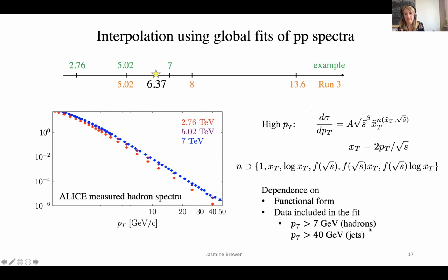So what we'll take as the default here is that you look at only hadrons above 7 GeV and jets above 40 GeV, but we'll also consider the impact of changing these minimum pT cuts on the spectra included in the fit.